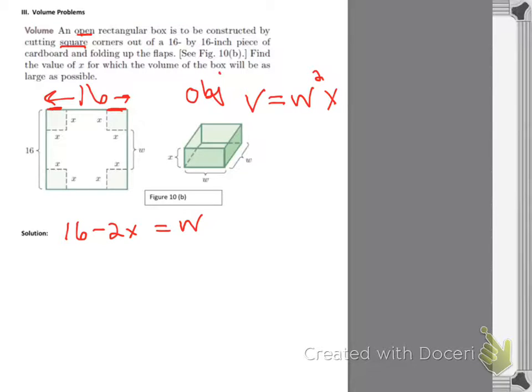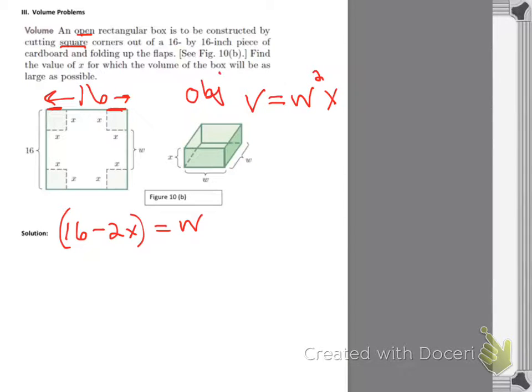Okay, and then what about the other w, which is the same, the measurements, right? Because over here, knowing it's going to be a square, I know that everywhere my length will be 16 minus 2x. So now let's see if we can write our objective function in only one variable.